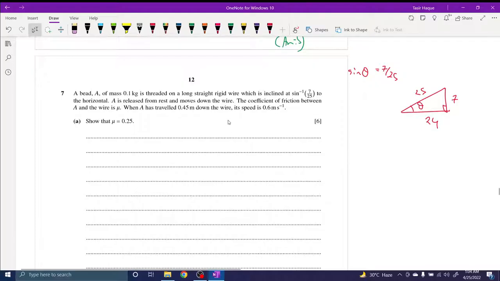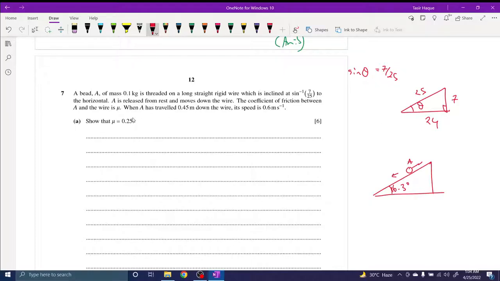So A is released from rest and it moves down the wire. So the slope is approximately sine inverse 7 by 25 is 16.3 degrees. It's somewhat like this. So this is A. When we release the string, right, it started falling down. Now there's friction between A and the wire.